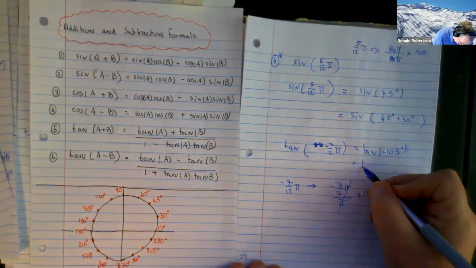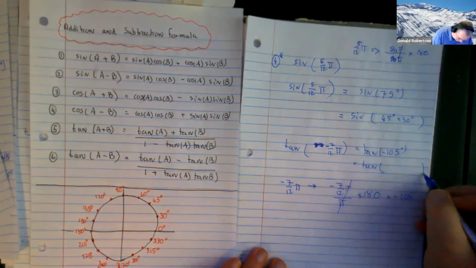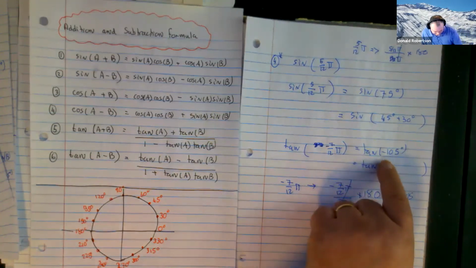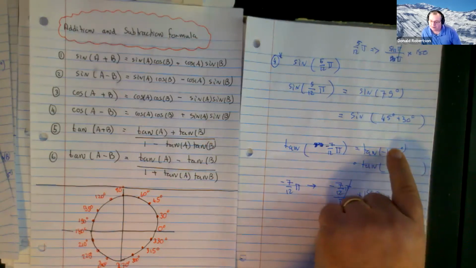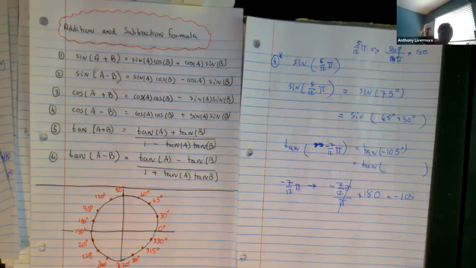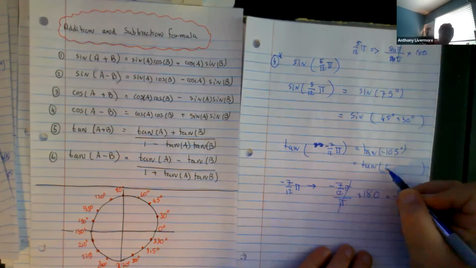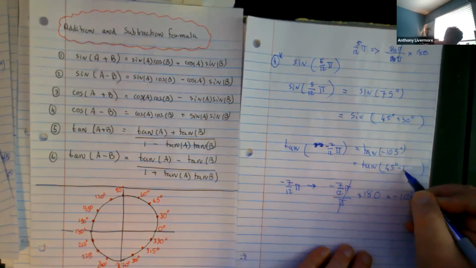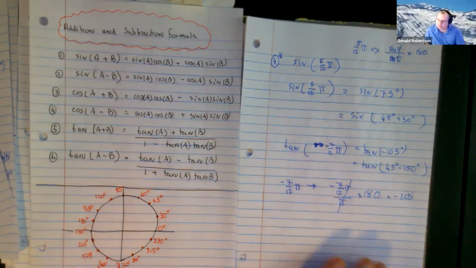Okay, I need two angles subtracted this time because it's a negative answer. Little guy take away big guy, that gives me negative 105. What would that be? 45 minus 150. You all comfortable with that one?